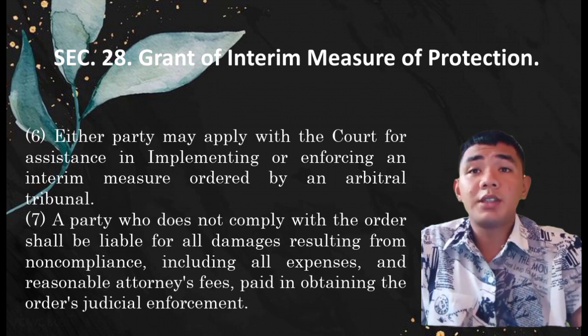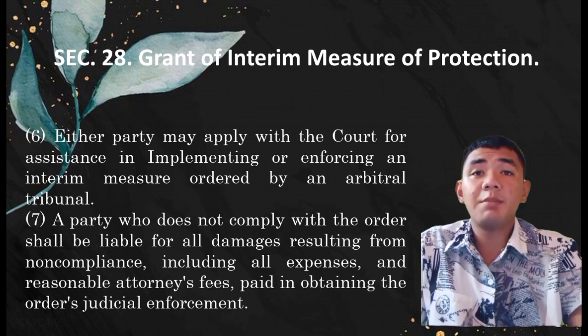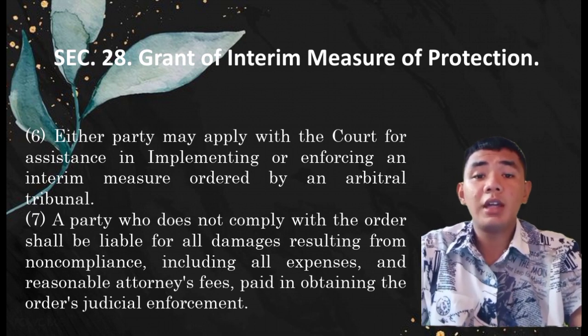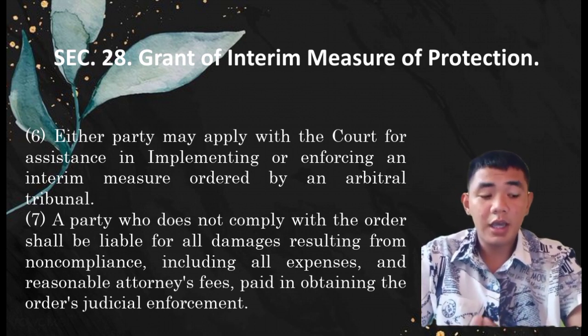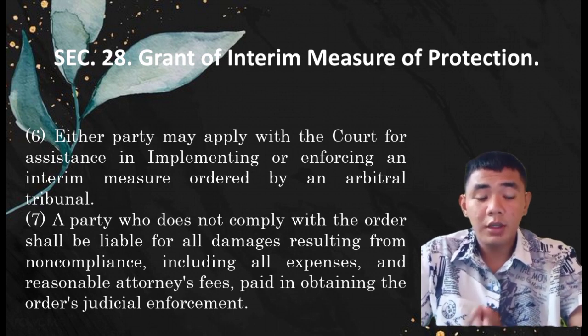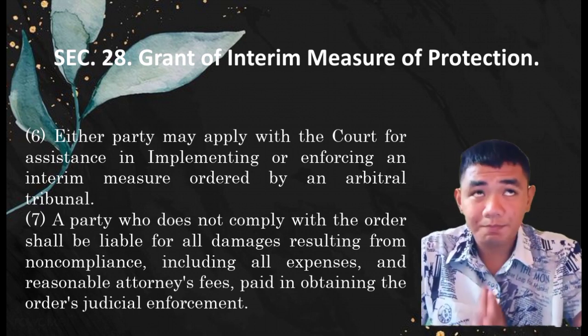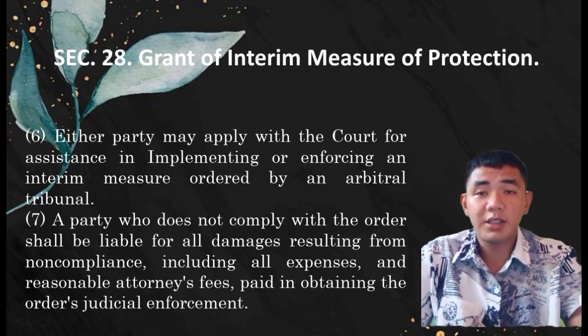In paragraph 6, either party may apply with the court for assistance in implementing or enforcing an interim measure ordered by an arbitral tribunal. Paragraph 6 states any party has the right to apply for this grant because the court or arbitral tribunal is fair to both parties.